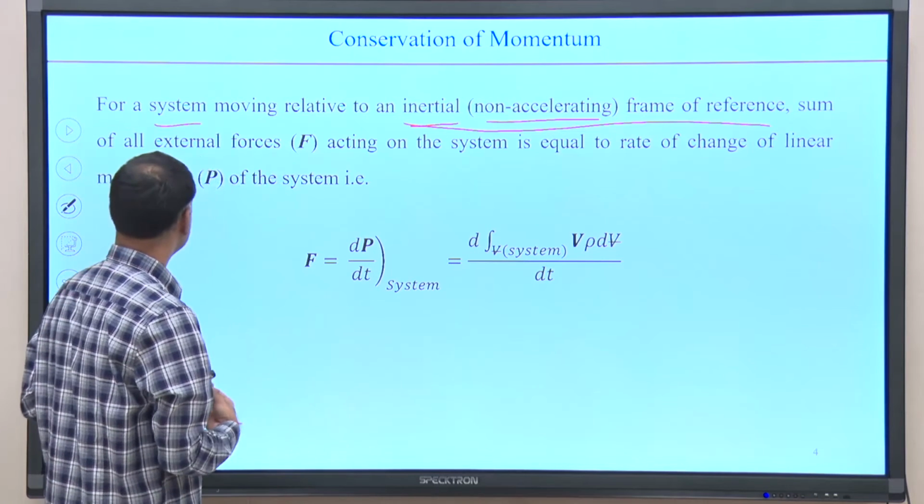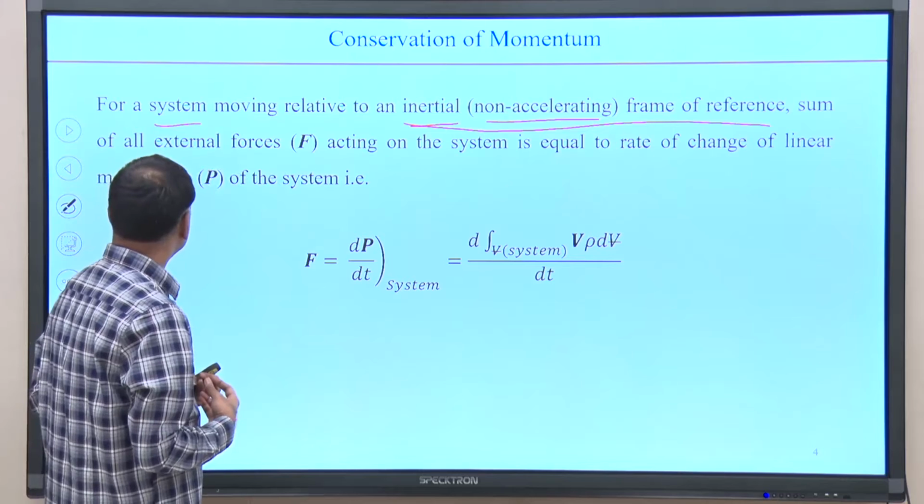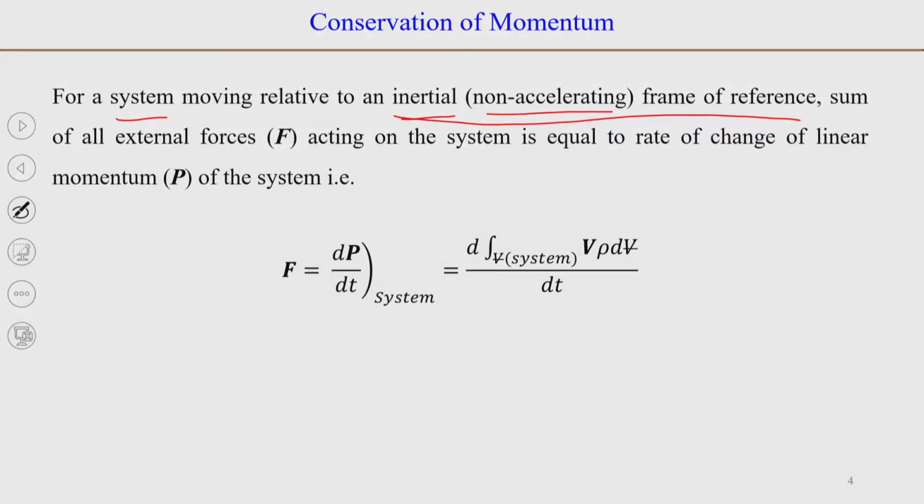So, Newton's second law states that for a system moving relative to an inertial frame of reference, the sum of all forces acting on the system is equal to the rate of change of linear momentum of the system.